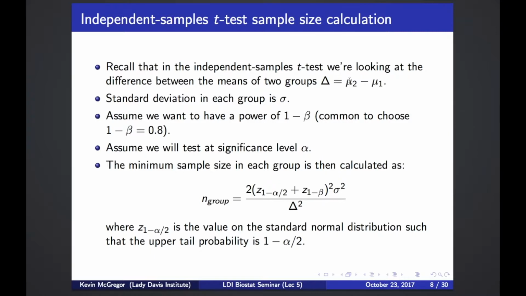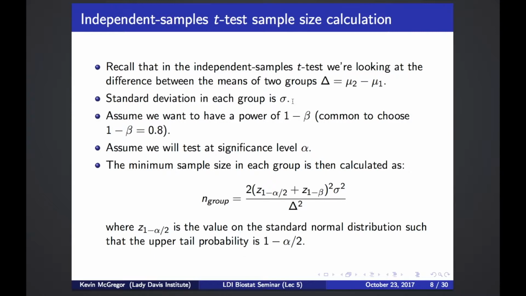And so I'm just going to call the difference between the two means delta. That's just a common notation we use for that. So remember, these are population quantities, and in the case of the sample size calculation, they're supposed population quantities.